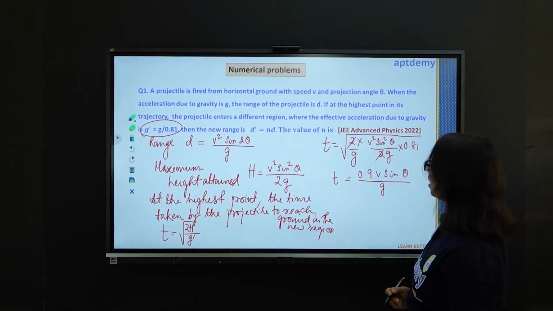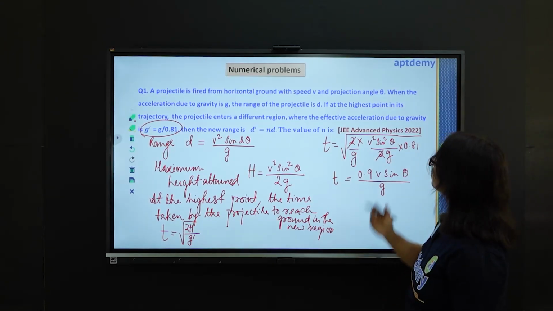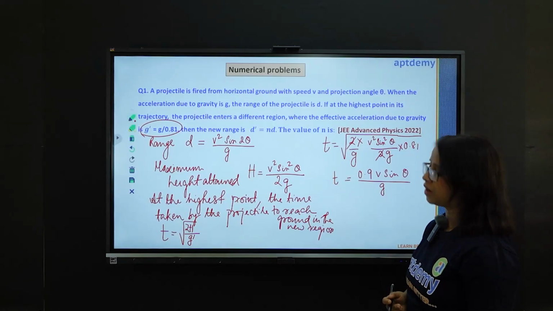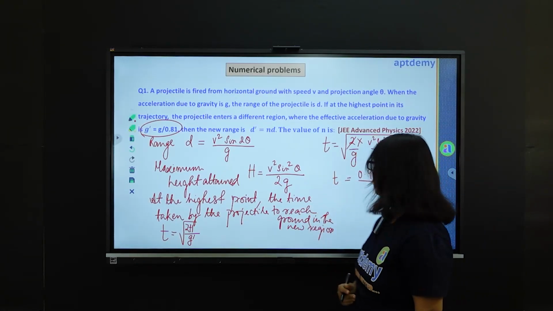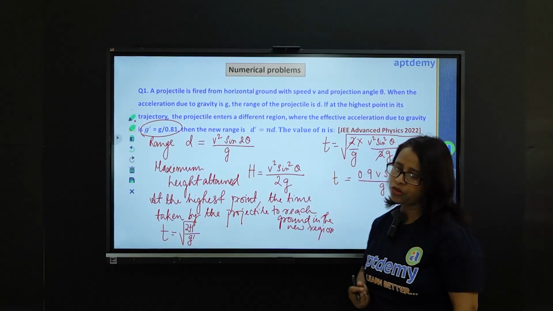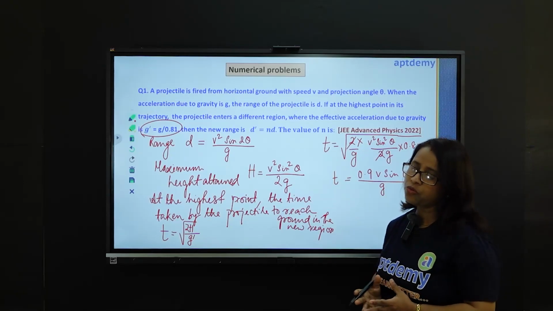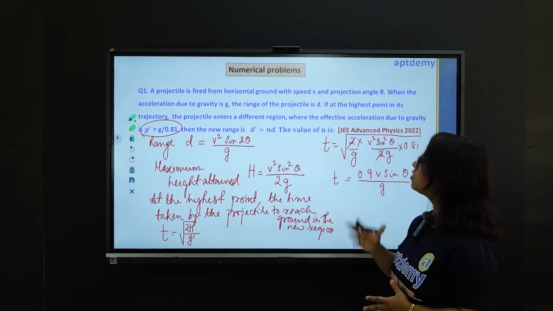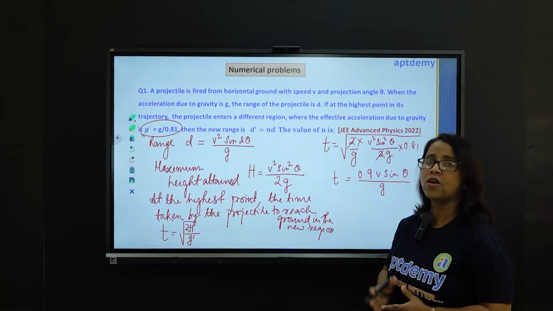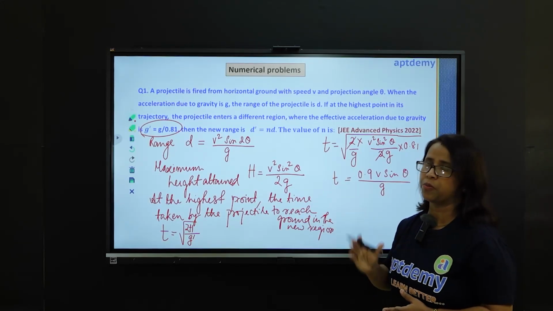Now what we need to find out here, in fact, is the new range. Now, if this is the time taken, how do we write an expression for the displacement? Range is nothing but the displacement from the starting position.